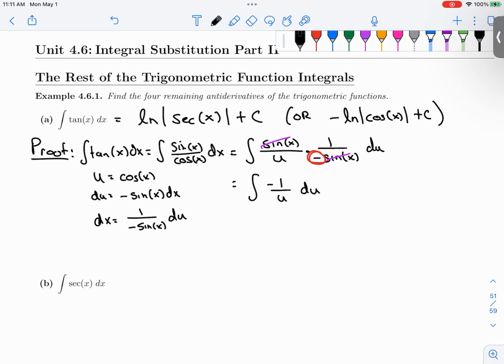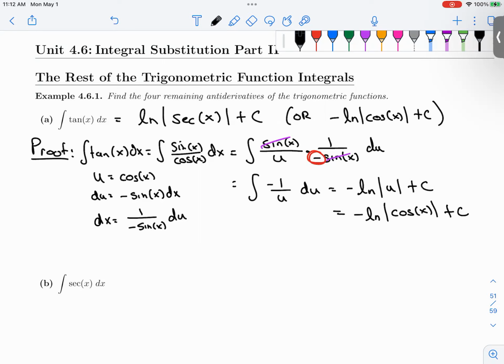We got 1 over u, absolutely, so that would be the negative natural log of the absolute value of u plus C, which then becomes negative ln the absolute value of cosine of x plus C. And the reason why we say secant, by the way, is by the properties of logarithms.